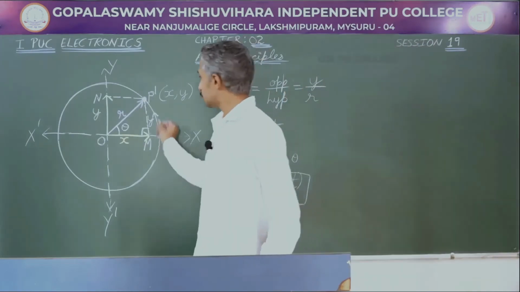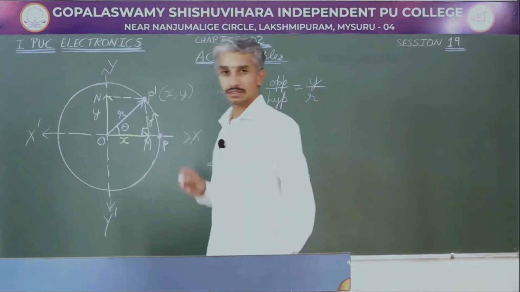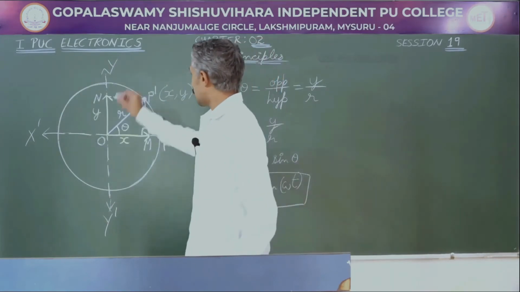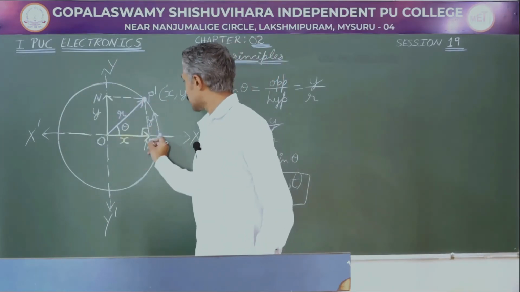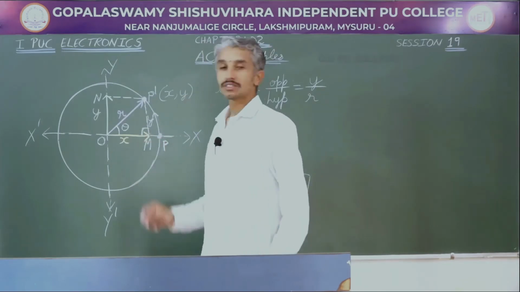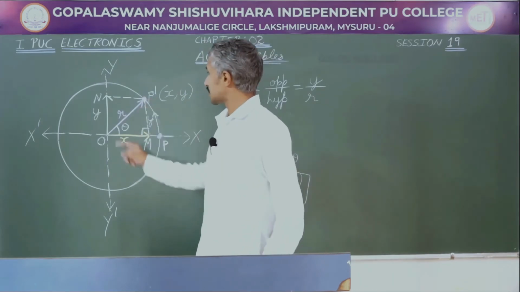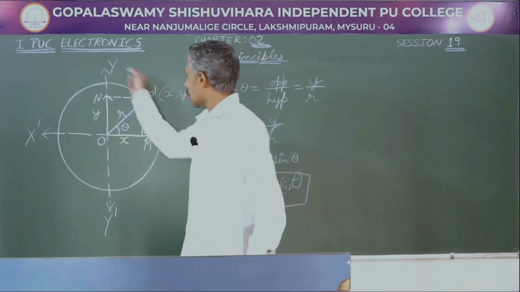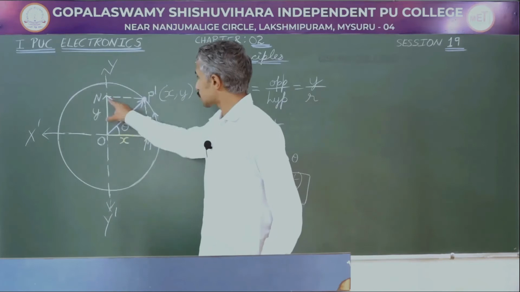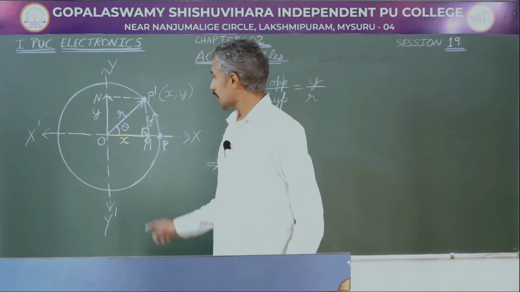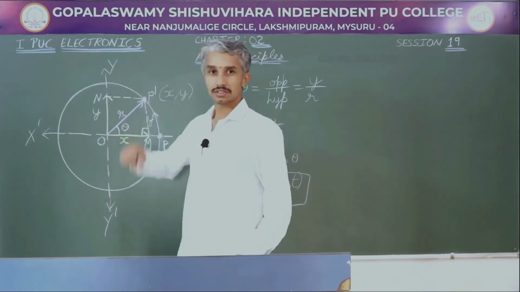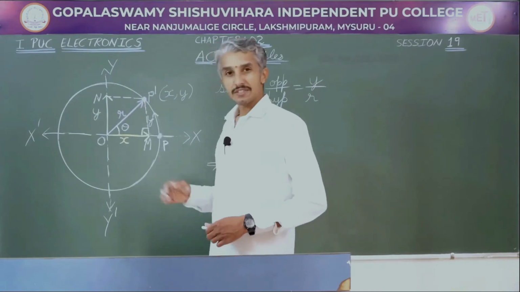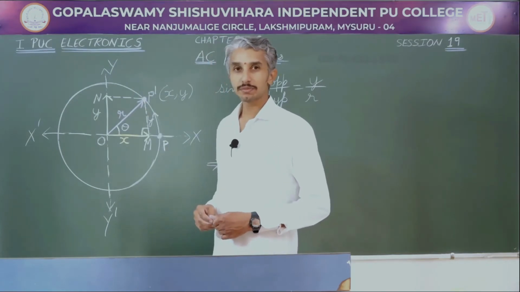Now, as the object makes circular motion, at every point I can take its projection on x axis, which is nothing but x, and its projection on y axis, which is nothing but y. So, as the object rotates, what happens to the y coordinate, or what happens to the projection on the y axis?